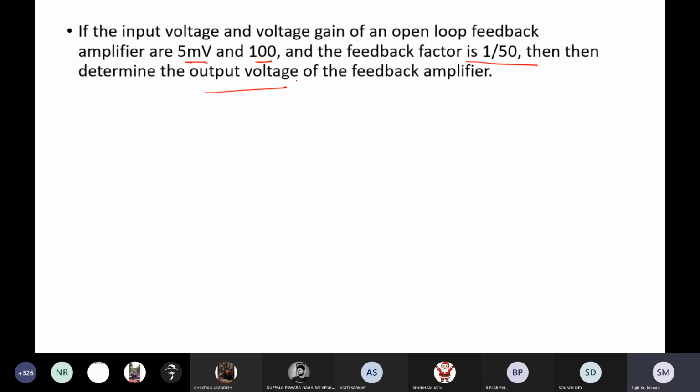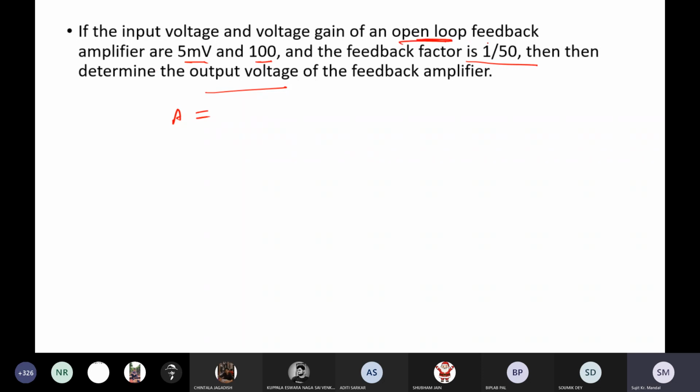So hopefully you have gone through this, and any one of you have solved it. Can you solve it? Yes, sir. So for those who are not able to follow up, A is the open loop gain.